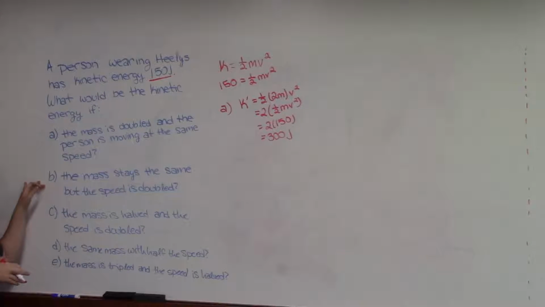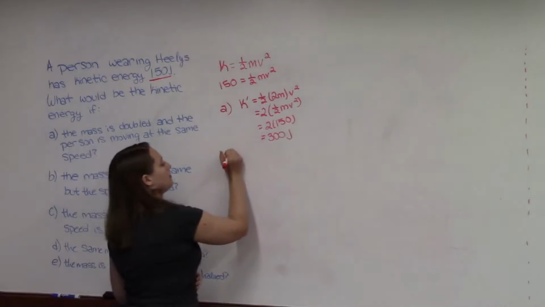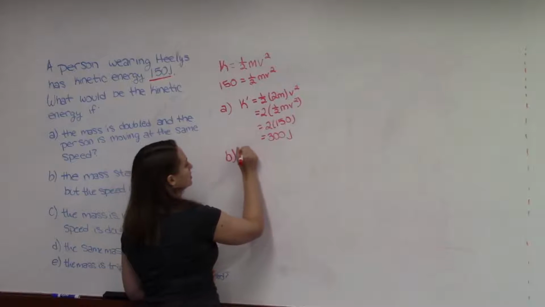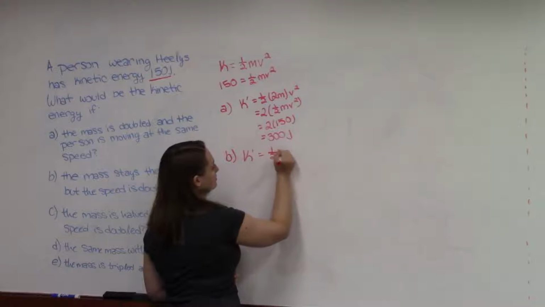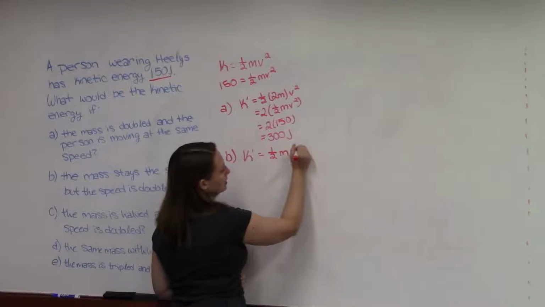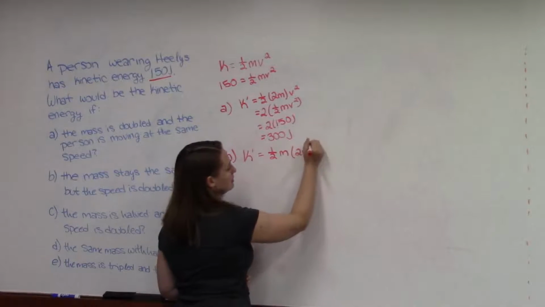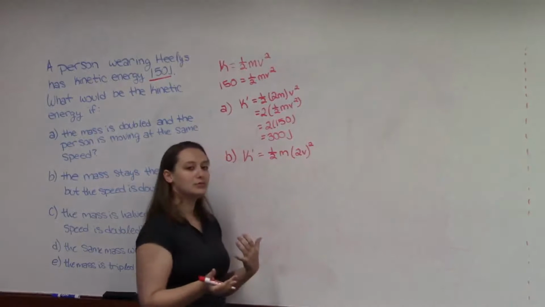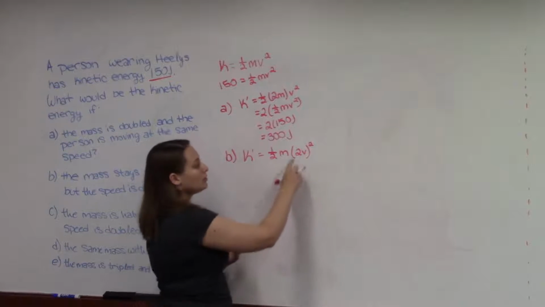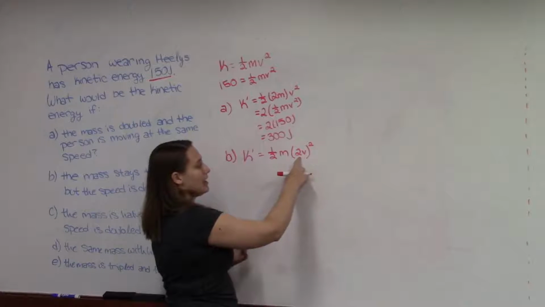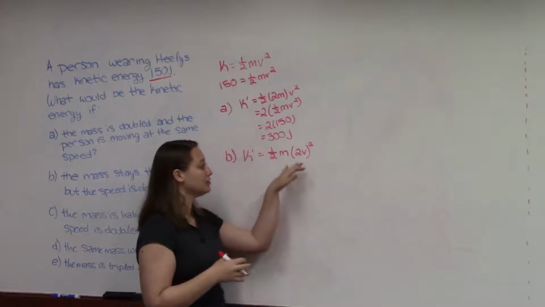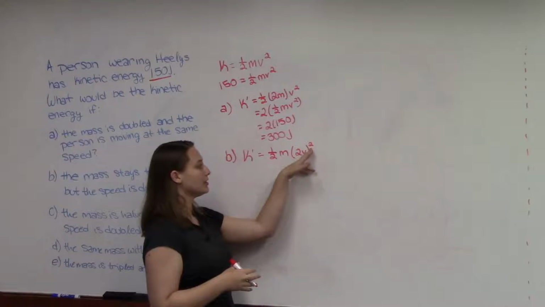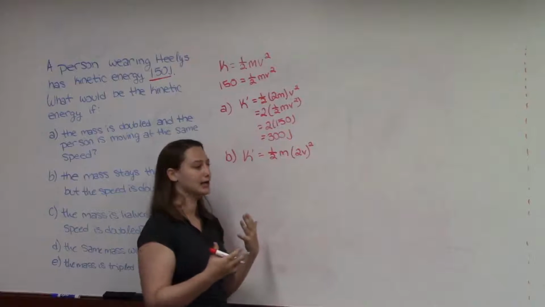So for part B, what if our mass stays the same but our speed doubles? Well, we're just going to say that our new kinetic energy is 1/2, our mass is staying the same, and our velocity is being doubled. But we need to remember, when we double our velocity, we're multiplying v by something, and then we're squaring that quantity. So we have our 2v in parentheses with our power outside.